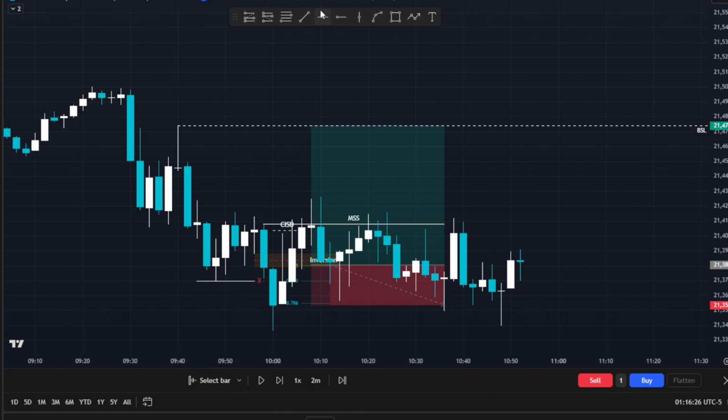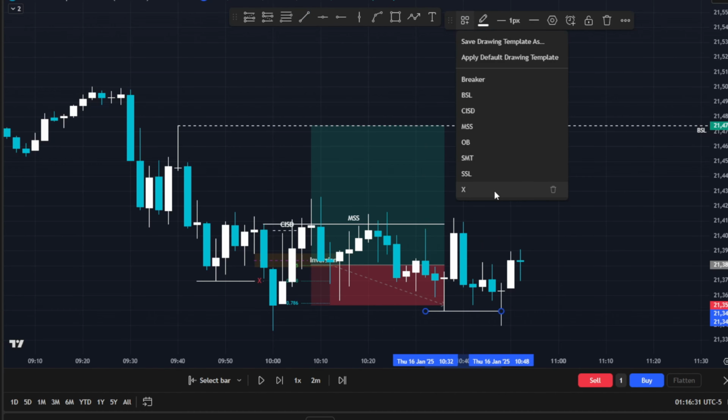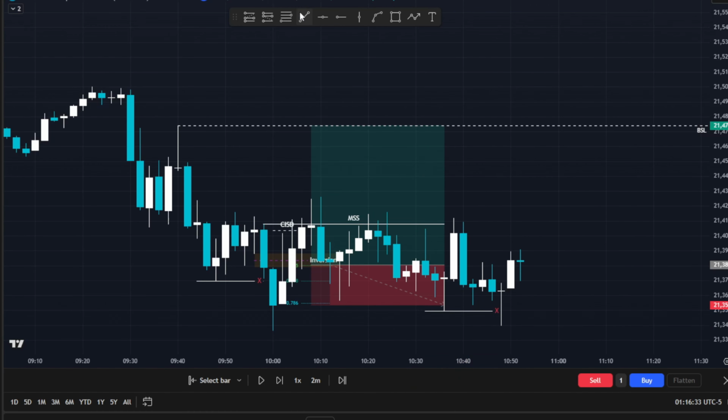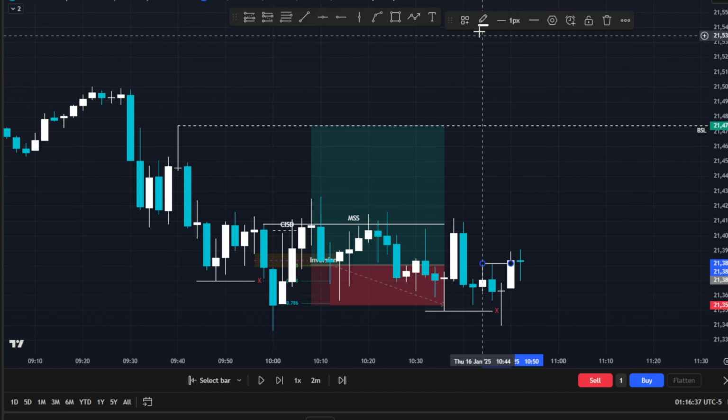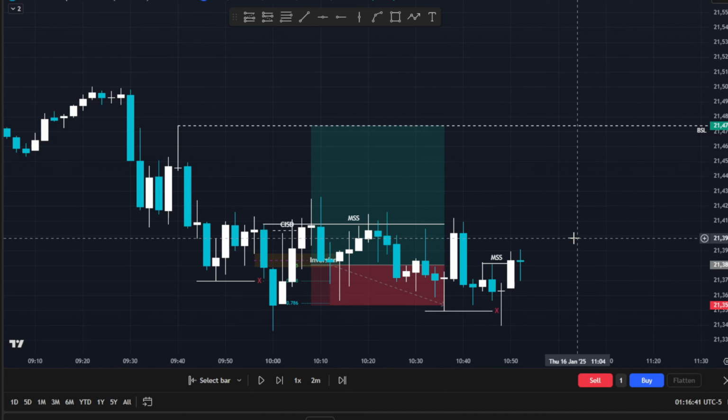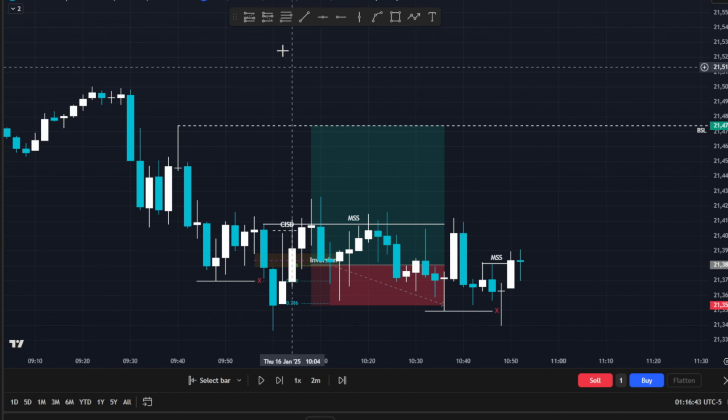Okay, so here we can see that it swept the sell side liquidity down here again, and then there is a market structure shift here. Now we want to look for some sort of entry here.